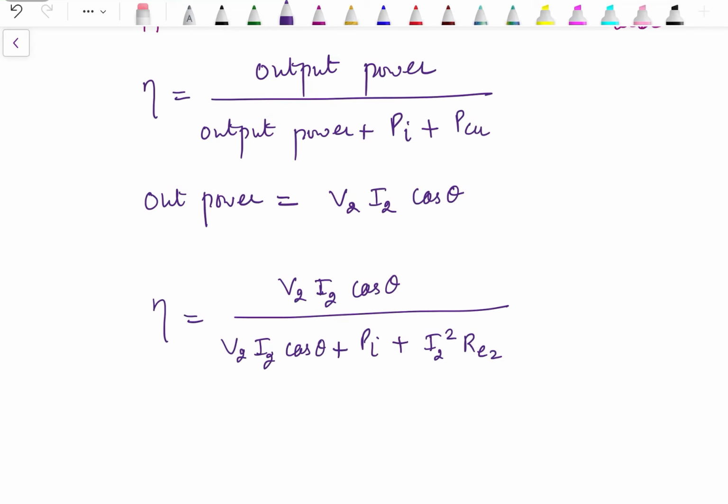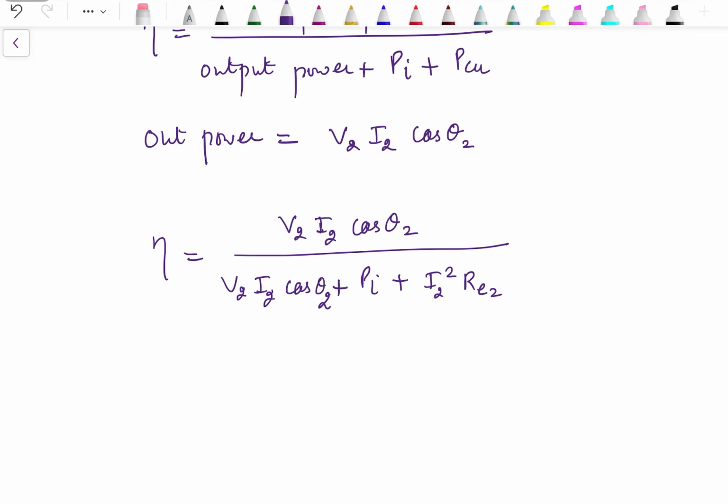Now what we see over here is that the efficiency of the transformer depends upon the power factor as well as on the load. If we assume that the power factor is constant, we can write it as cos theta 2, and we can find out the condition for maximum efficiency.